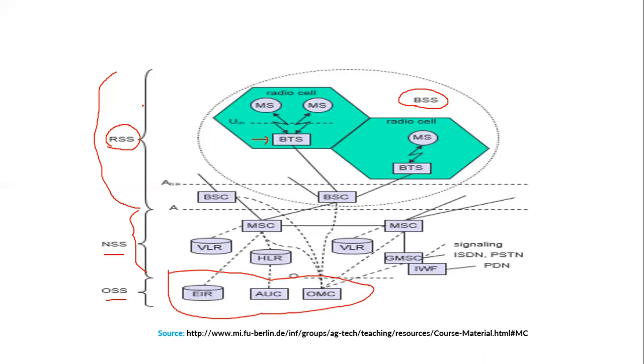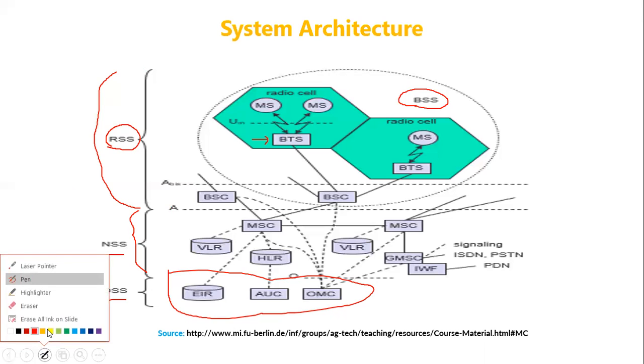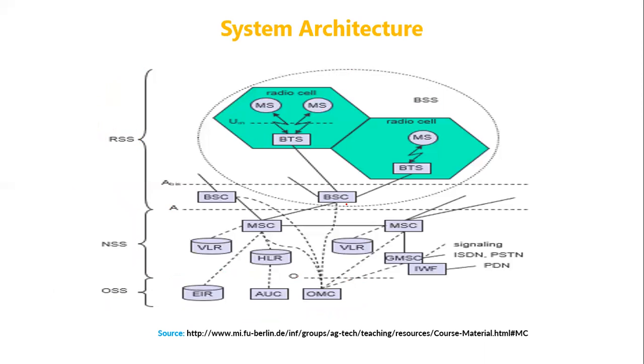So this is a brief overview of the GSM architecture. Let us now discuss in detail how this architecture works and what is the job of each of these components we have just discussed.